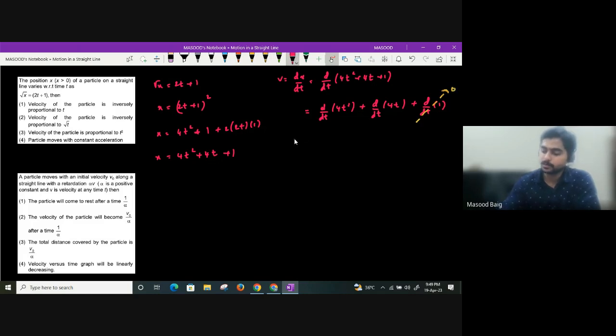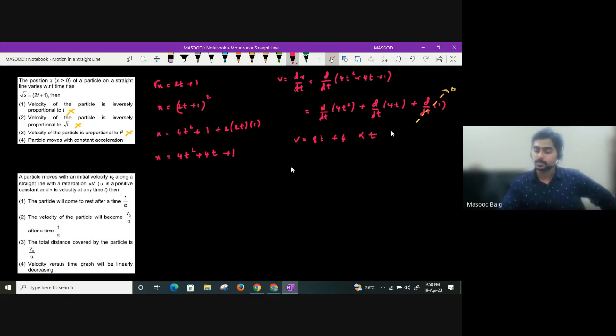What is the derivative of 4t square? 4 you can bring outside, the derivative of t square is 2t, so you get 8t plus 4. As you can see, is it going to be directly proportional to t or not? So velocity of the particle being inversely proportional to t is wrong. Inversely proportional to the square root of t is wrong. Proportional to t square is also wrong. It is proportional to t.